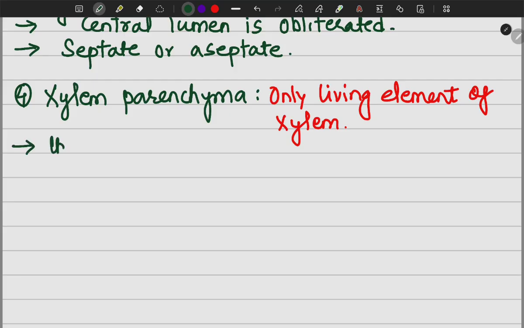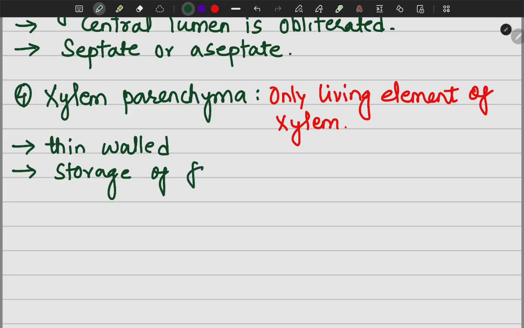Then the cells will be thin walled, because parenchyma cells are living, so they will be undergoing division, so their cell walls are thin, and they help in the storage of different materials like starch in case of plant, which is food, then fats and tannins.